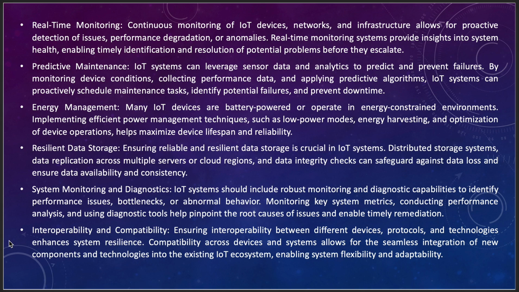Yes, so we have covered all these things about interoperability, right? So how interoperability comes into reliability is that at the end of the day, if they are not interoperable, they cannot add new devices into your IoT ecosystem, right? That means it's not a reliable IoT system, right? There will be issues or errors popping up.